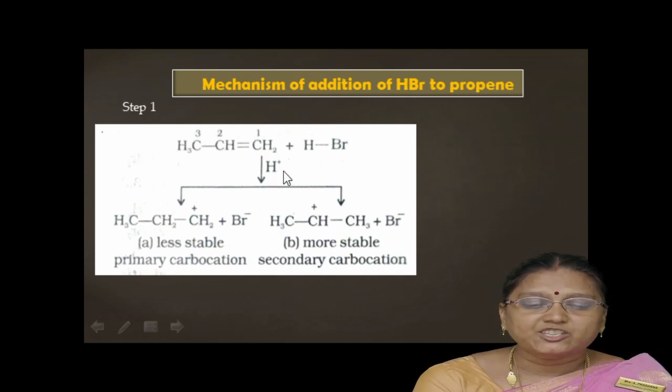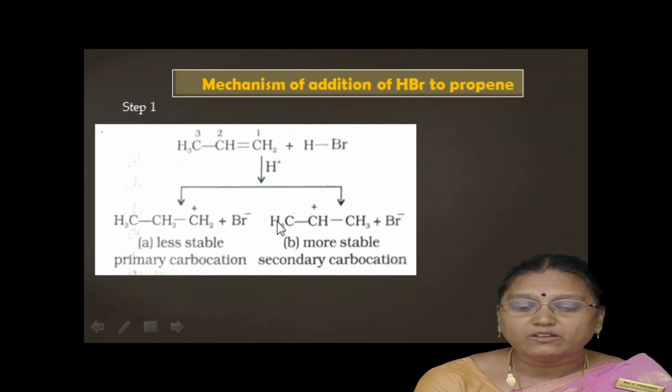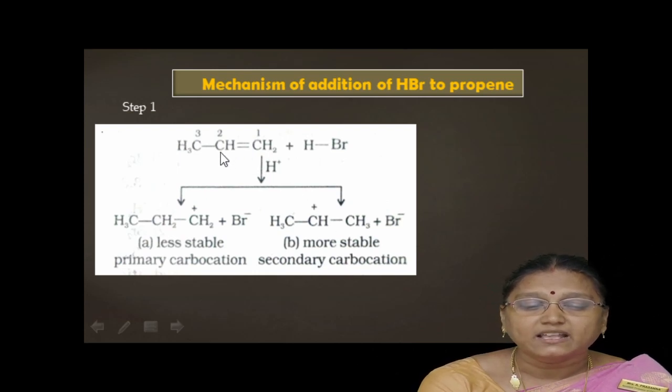Okay, so this H plus can attack either the carbon 1 or the carbon 2. If it attacks the carbon 1, it forms a more stable secondary carbocation. If this H plus attacks the second carbon atom, then it leads to a less stable primary carbocation. Okay, so look at this.